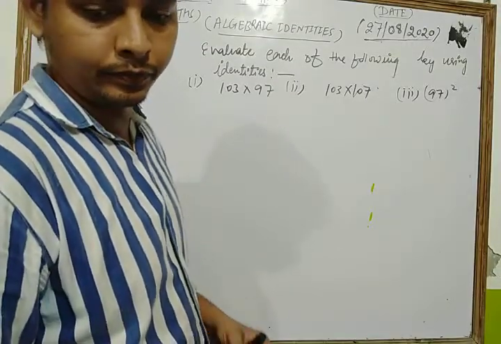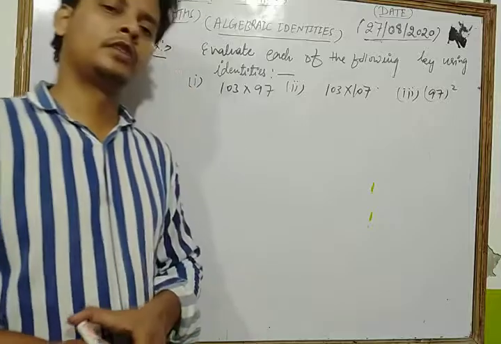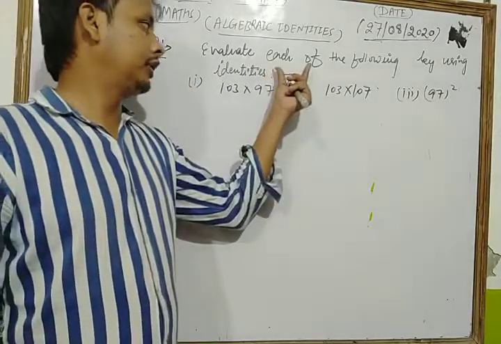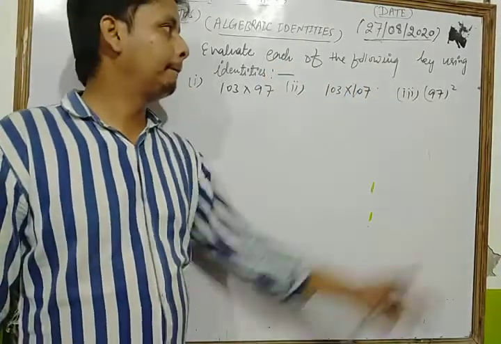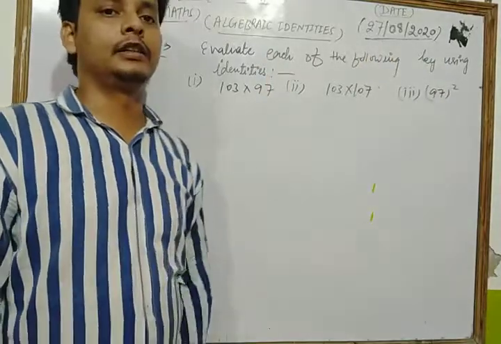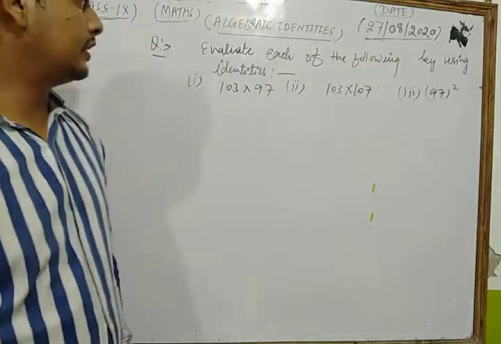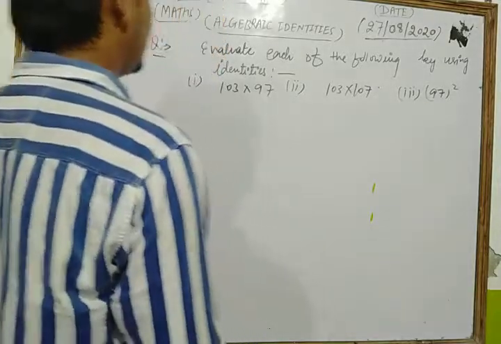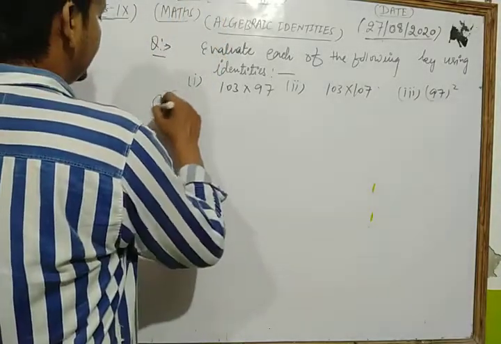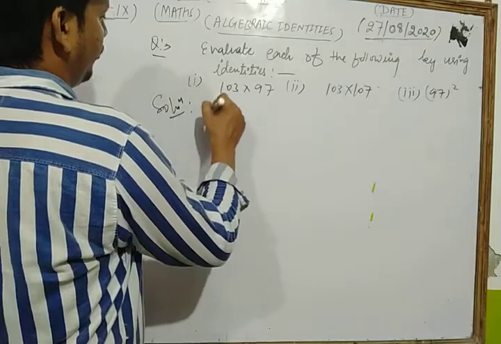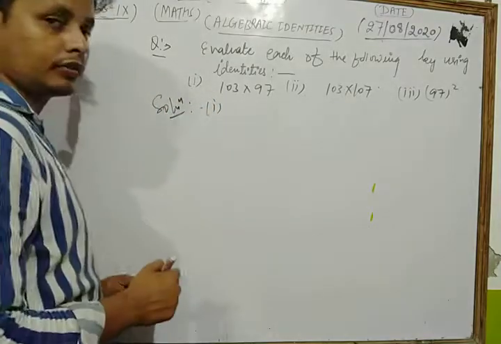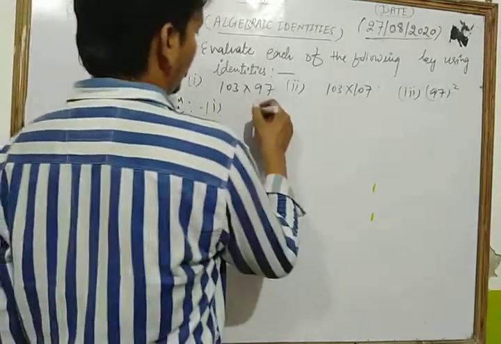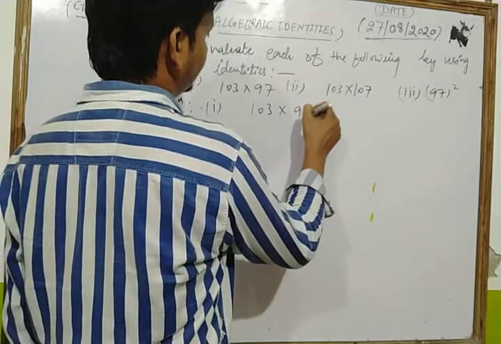Now look at its solution. Dear students, here we evaluate each of the following by using identities. In that type of question we use an identity. Let's see which identity is used here. We take and solve the first part of this question. Dear student, here we have 103 into 97.